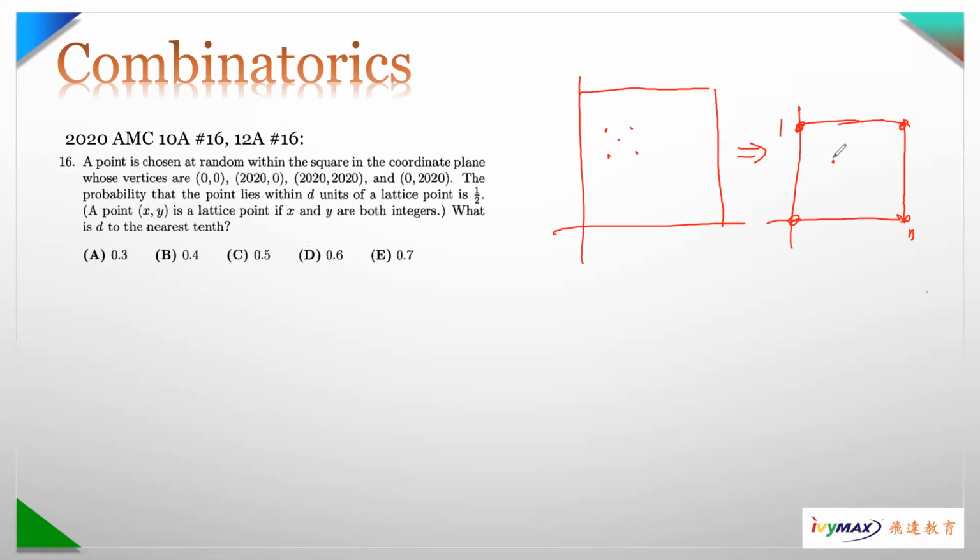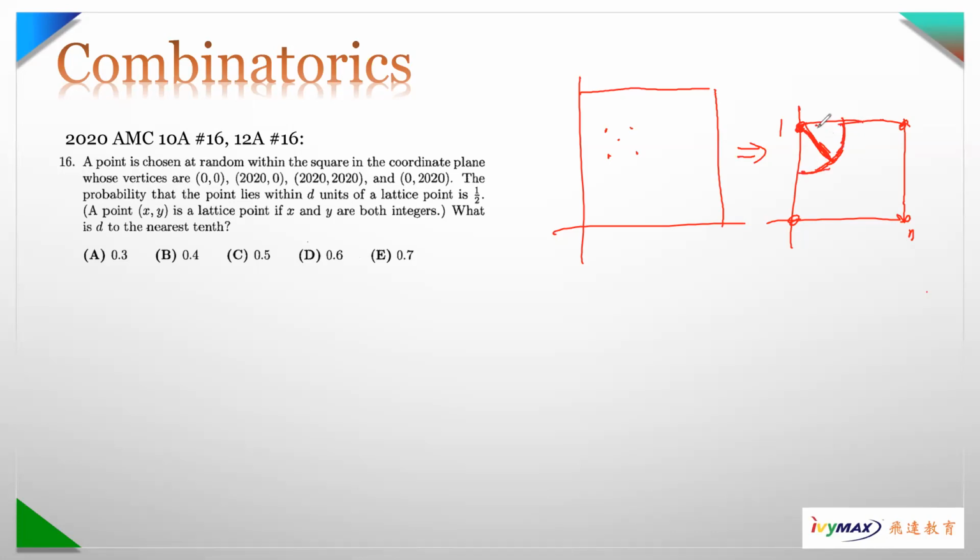So this will be considered as a geometric probability expression. Think about it: if this distance is less than d units, how do you describe a point that is d units away from this vertex? We just draw a circle here.